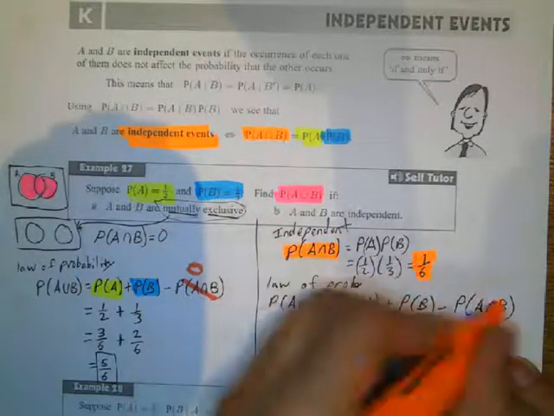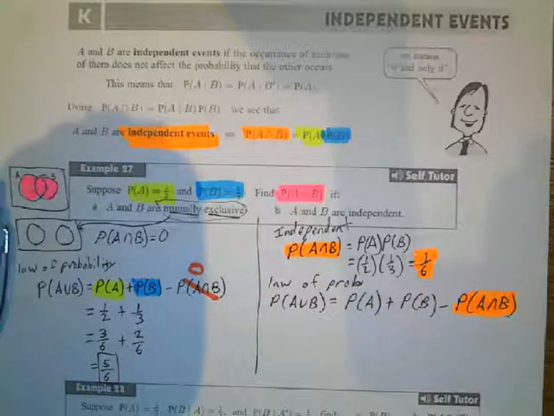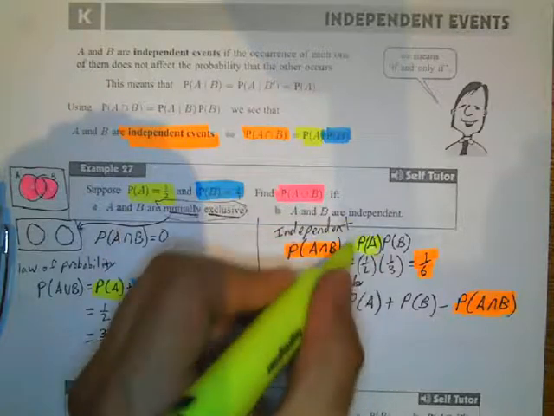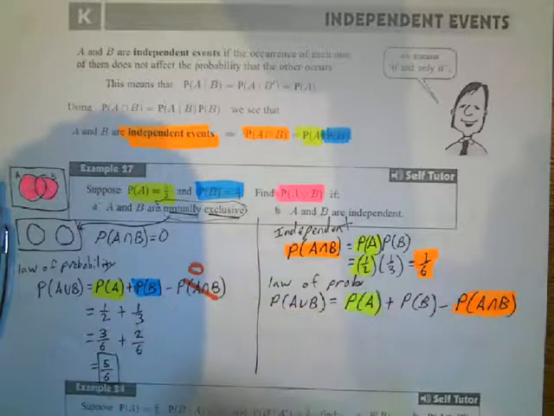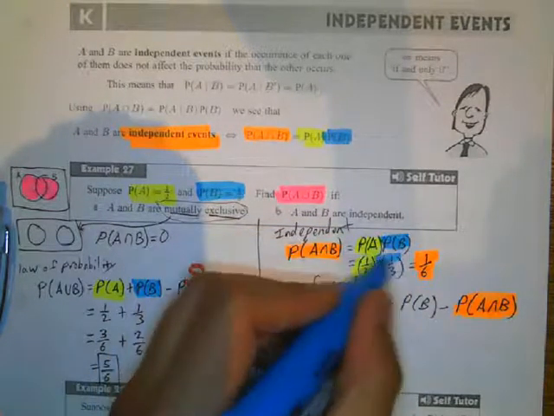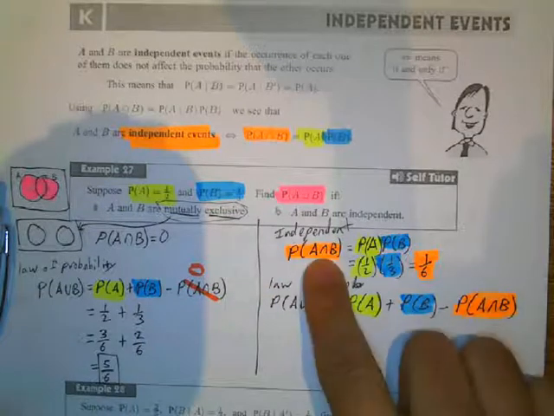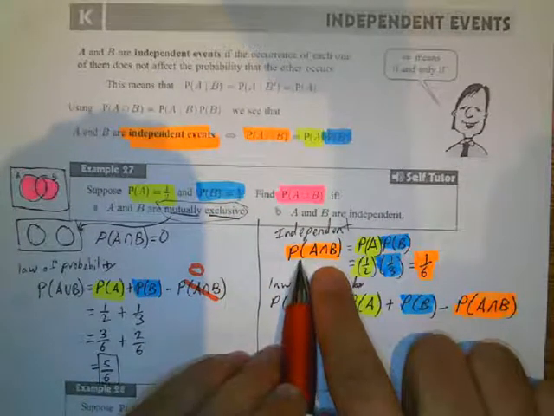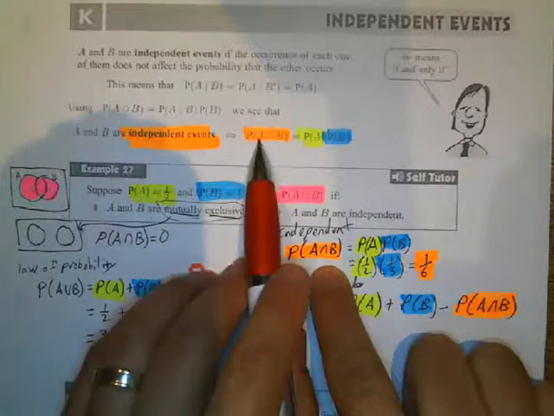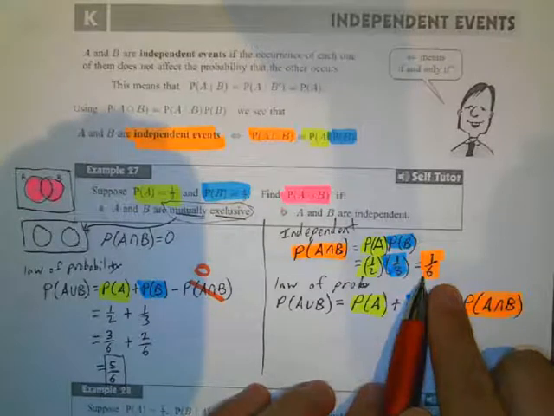And I'm going to replace this here with 1/6. So the probability of A intersection B when it's independent is probability of A times probability of B, which is 1/6.